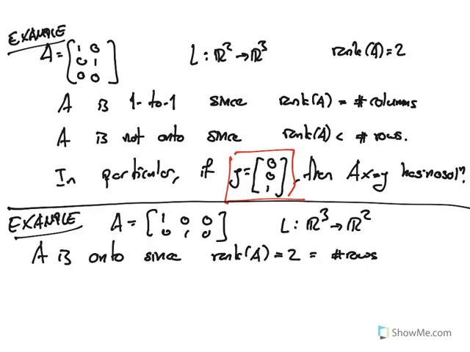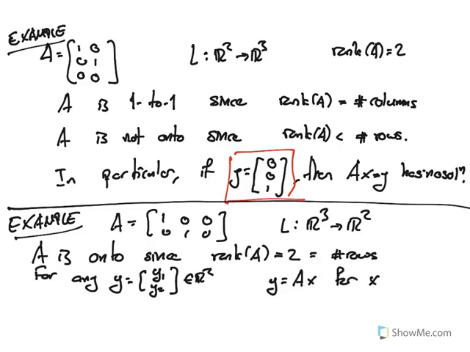So you see, if you want to be explicit here, if you take any vector Y = (Y1, Y2) in R2, we have that Y is equal to AX for X equal to (Y1, Y2, 0), for instance. All right, so every vector Y is the target of some vector X.